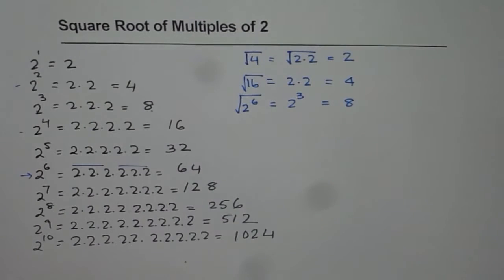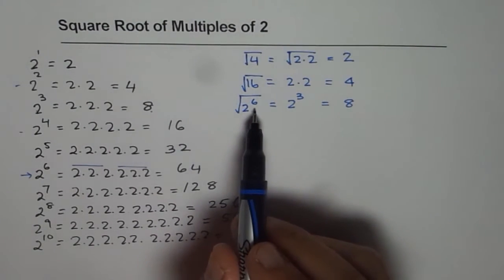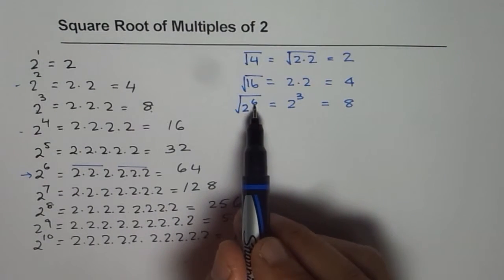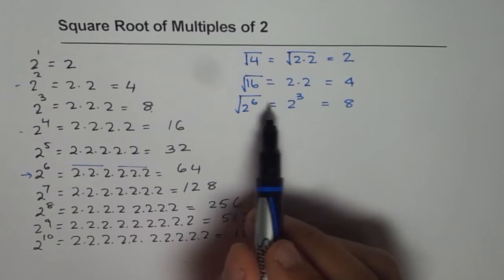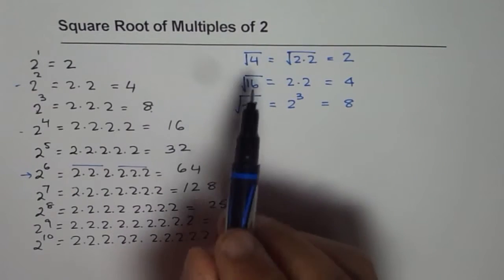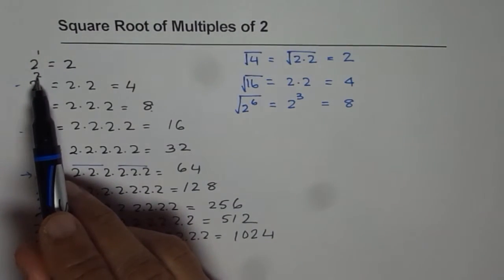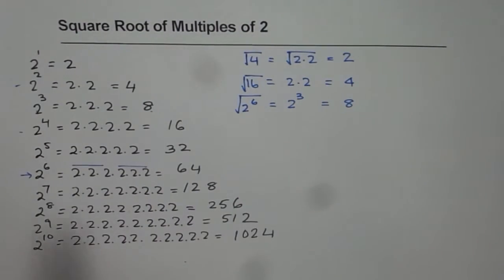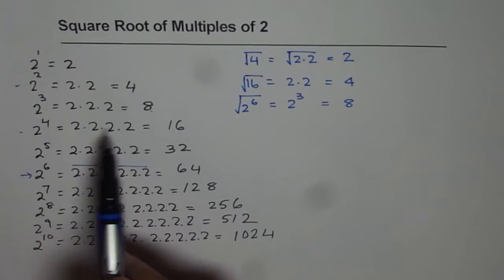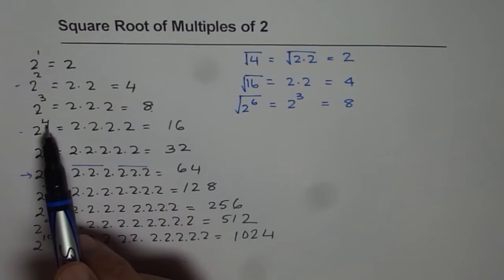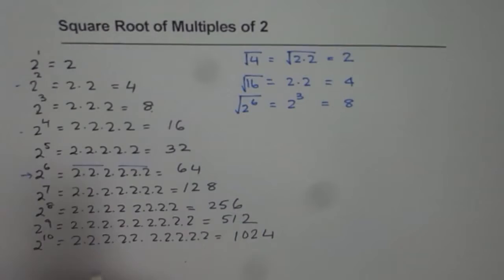I hope you learn one more thing from here, that square root for exponents becomes half. Half of 6 is 3, right? Now 4 was 2 square, half of 2 is 1, so we got 2 as our answer. And 2 to the power of 4 is 16, the answer was half of 4, 2 to the power of 2 is 4, correct?